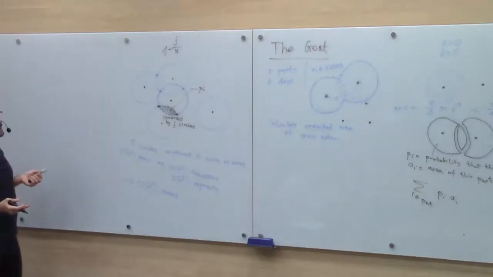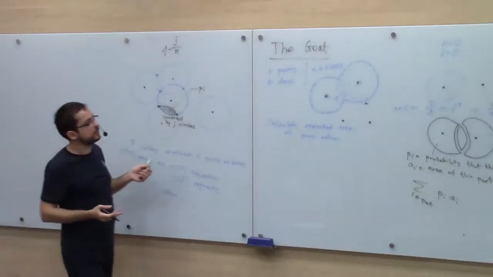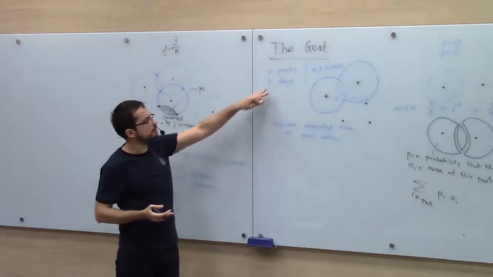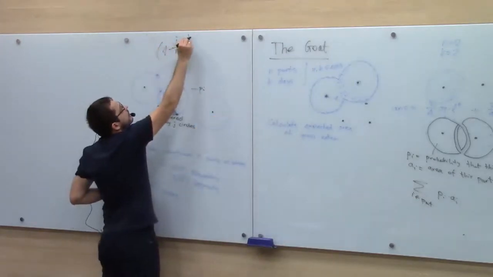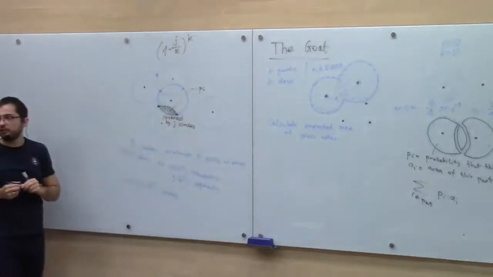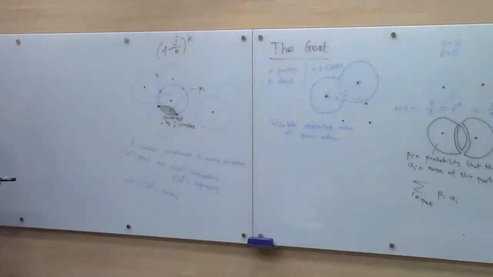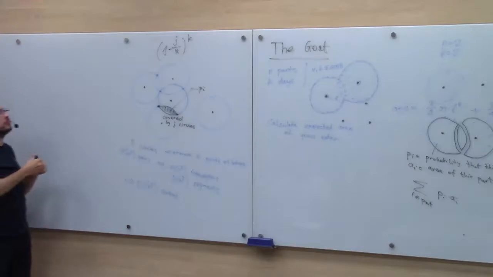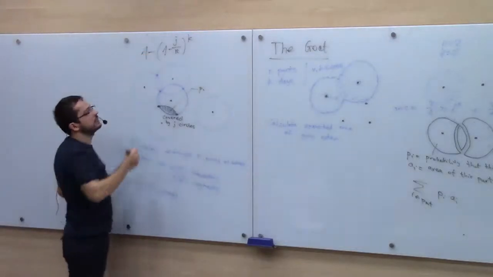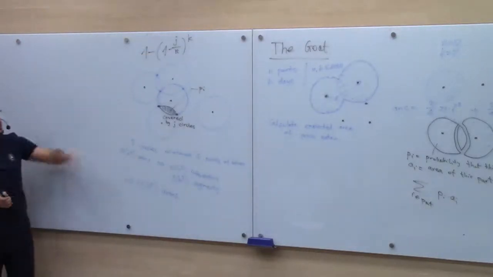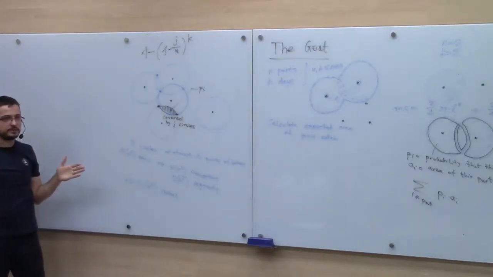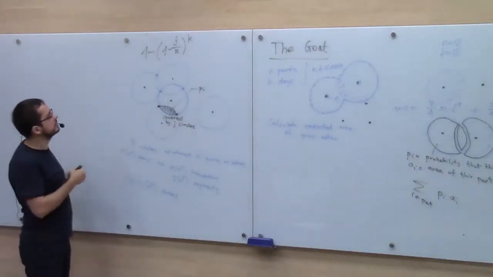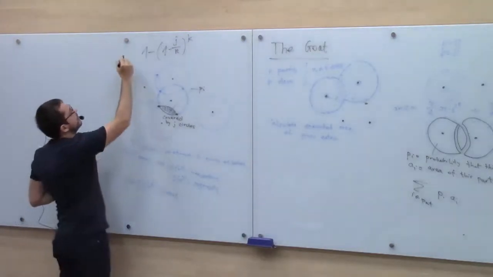We can raise it to the kth power, and this will be the probability that this part won't be eaten after k days. Once again we can subtract it from 1, and this is the probability that this part will be eaten in some of the k days. Okay, so this is our probability pi.